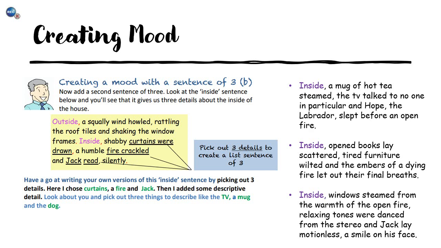Remember, use words that earn their place, key vocabulary such as adjectives and adverbs, and really try to make the reader feel like they are in your writing, because that's what mood does and that's what atmosphere does. It makes you feel like you are there.